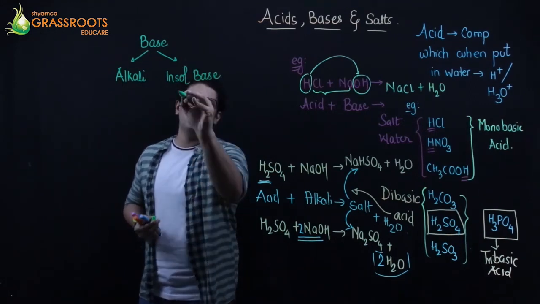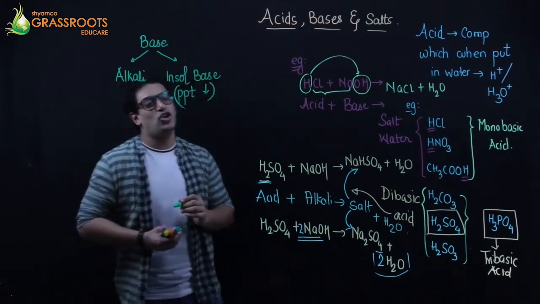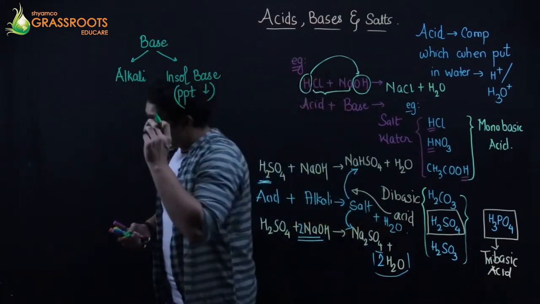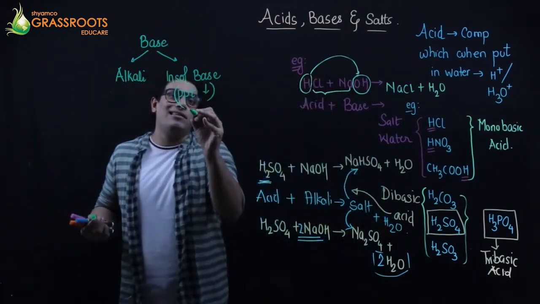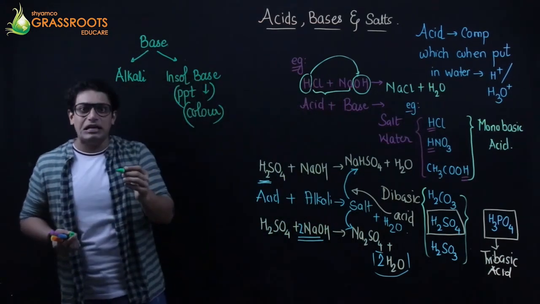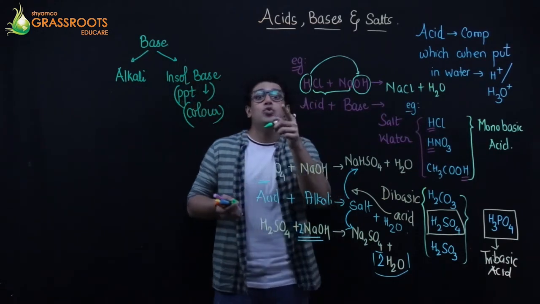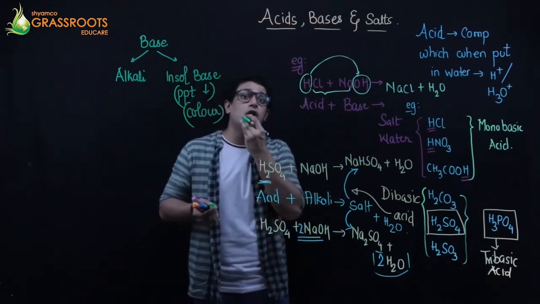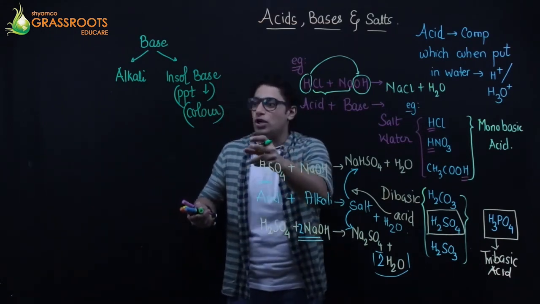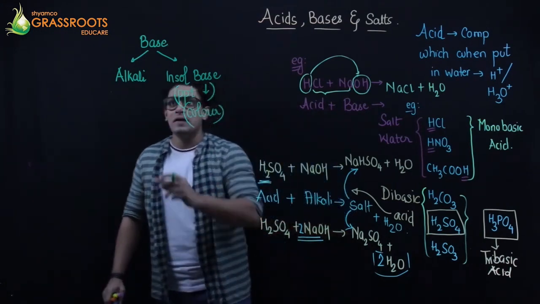Insoluble base, which is usually spoken of as a PPT, precipitate, not PowerPoint. Precipitate, which is an insoluble base, usually has a color. Usually they have a color, from which I recognize, oh, this is lead hydroxide, this is magnesium hydroxide, this is zinc hydroxide, this is calcium hydroxide, because they have colors.